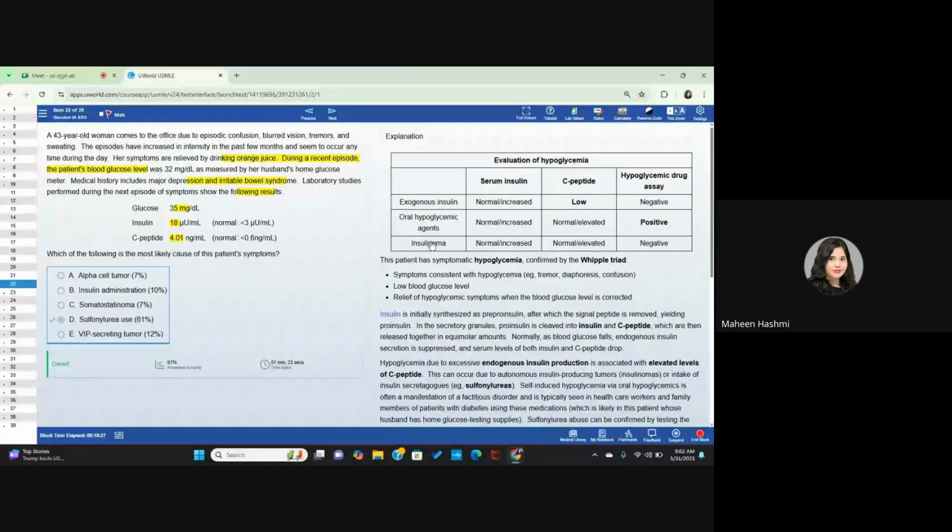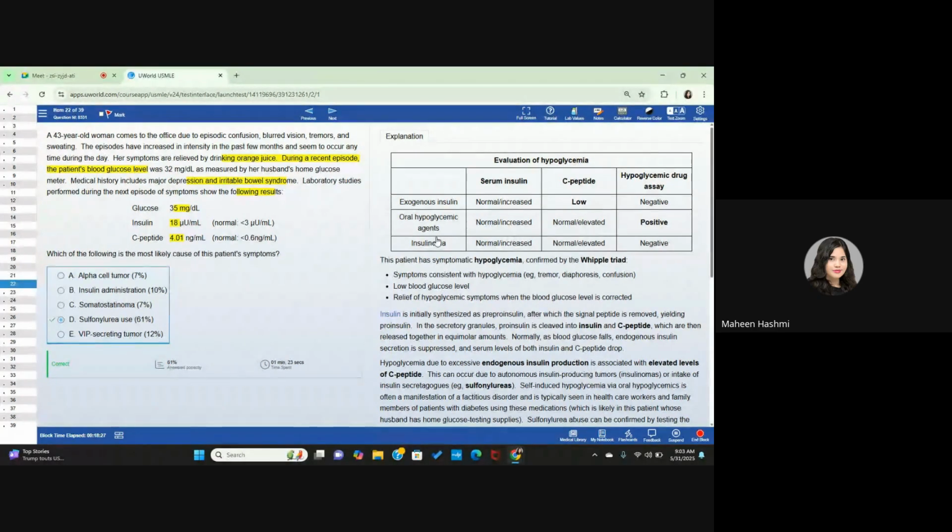Now, the way that you differentiate is that C-peptide is low in exogenous insulin because the insulin that we administer does not have C-peptide in it. C-peptide can only be released from the pancreas along with insulin. It's not in the injection, and that is why with exogenous insulin the C-peptide is low.